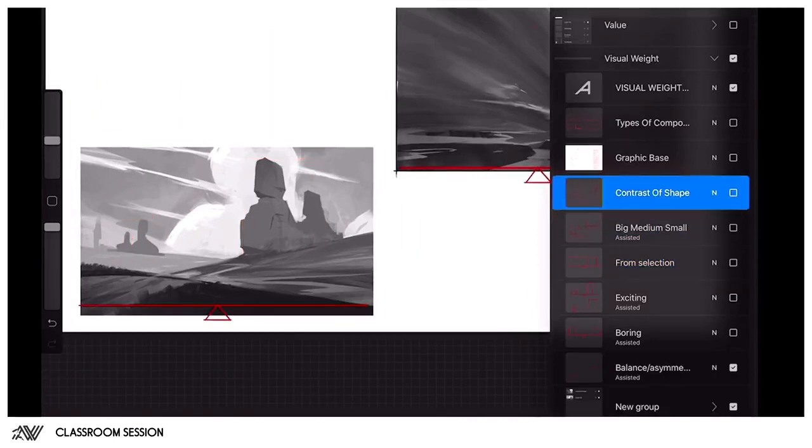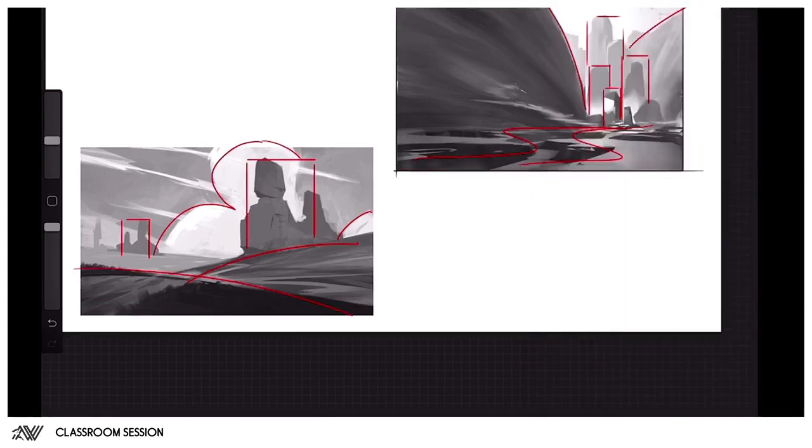All right, and then lastly, something that I kind of categorize under visual weight and balance because it has to do with graphic shapes. So in order to create a focal point in your designs, a trick that a lot of artists will use is having a visual contrast of shapes.